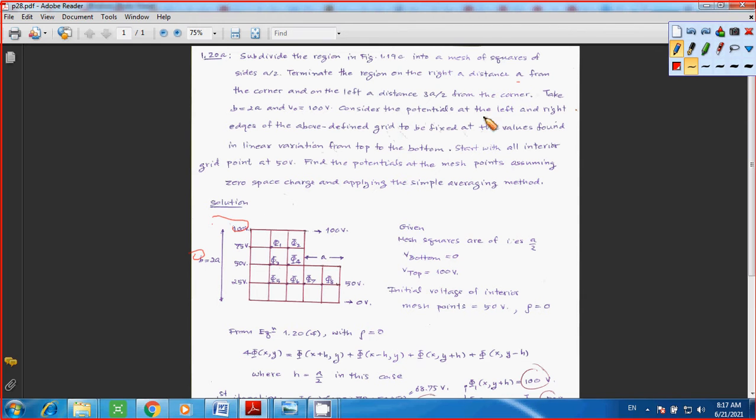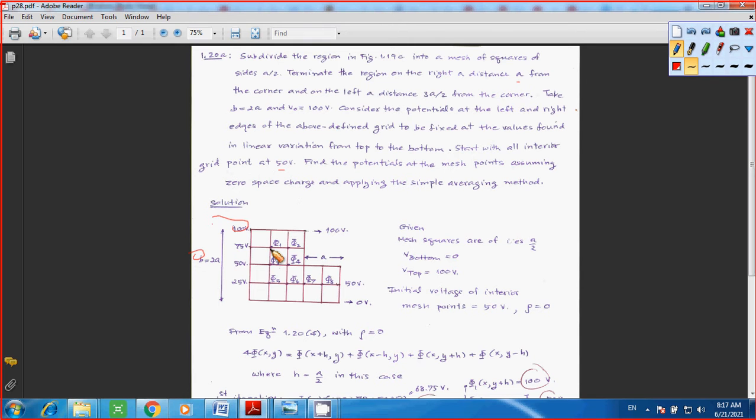Consider the potential at the left and the right edges of the above defined grid to be fixed at the values found in a linear variation from top to the bottom. Start with all interior grid points at 50 volt.